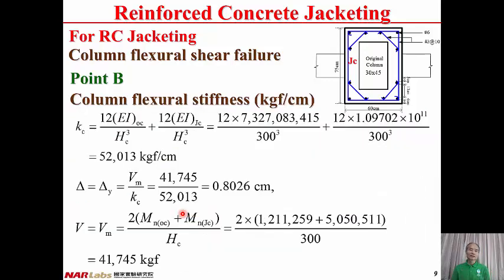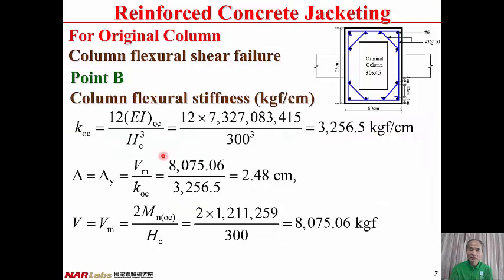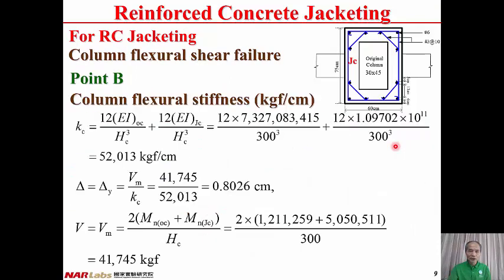And then we can calculate the flexural stiffness of the column with RC jacketing. Kc equal to 52 ton force per centimeter. If we go back to the previous line, the original column stiffness is 3 ton force per cm. After reinforced concrete jacketing, it's increased from 3 to 52 ton force per cm. That means the stiffness has been increased a lot.